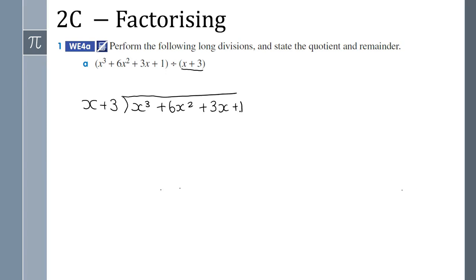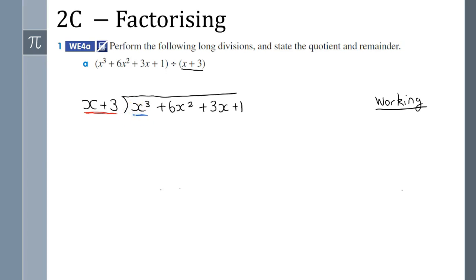So I'm going to put a little separate working tab here. This might be something that you use to start with, and then as you go along, it kind of drops away, or you do it in your head. Okay, so for the first one, I have got x plus 3, and I want to get x cubed.